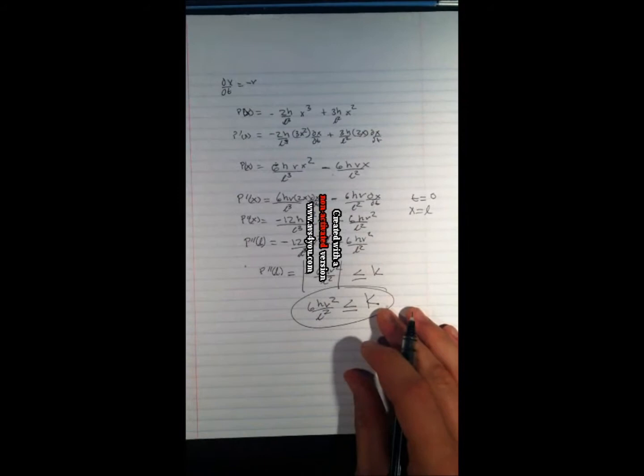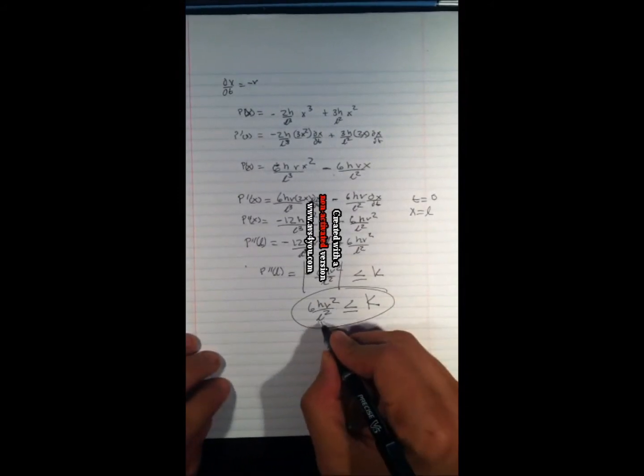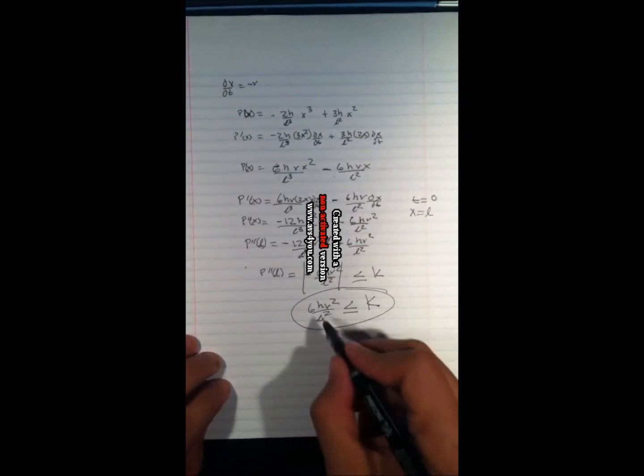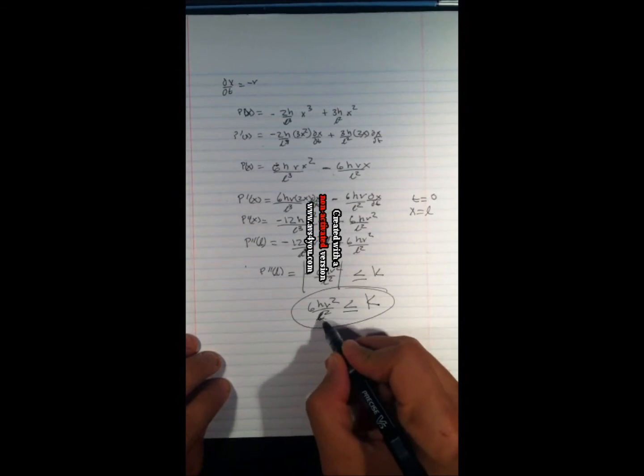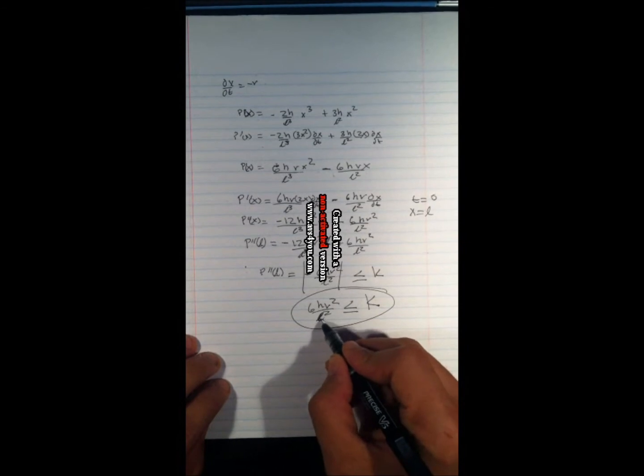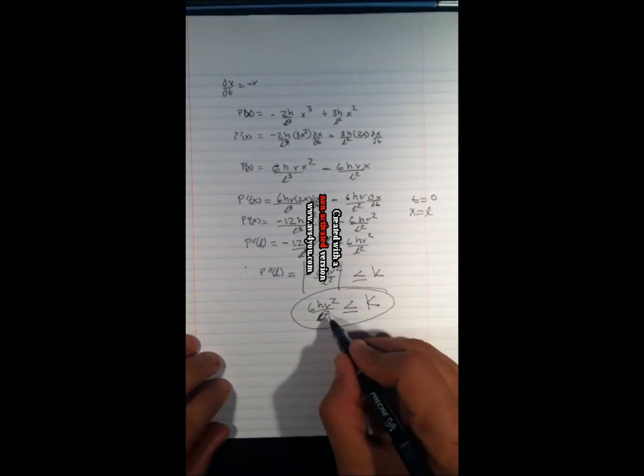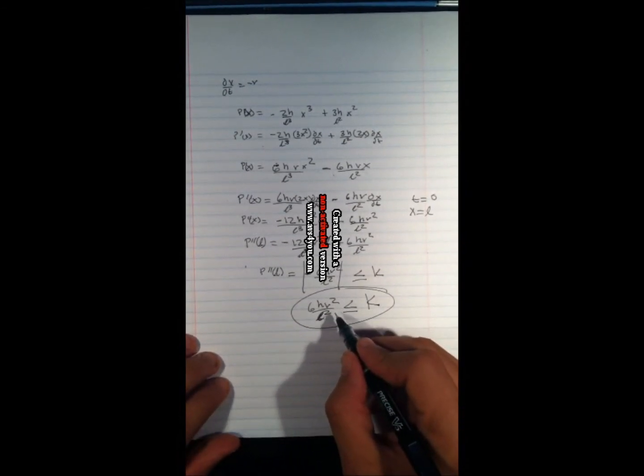From what we got from our last problem, 6hv squared over L squared is less than or equal to k. Here L is the length at the start of descent. So we can find out how far away the plane should start descent.